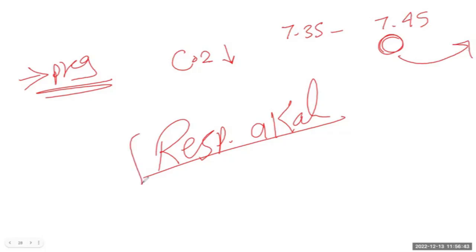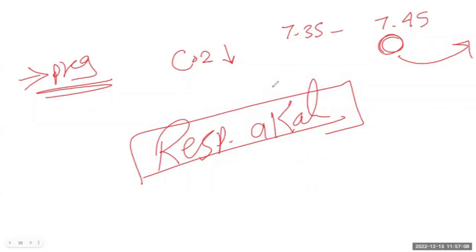It's just a pregnancy effect. So pregnancy itself is a respiratory alkalosis condition. You will find pH towards 7.45 and you will find carbon dioxide level low. Clear? Okay.